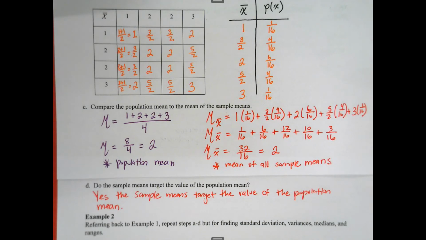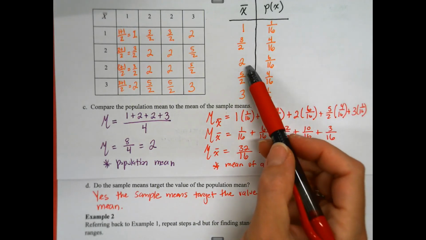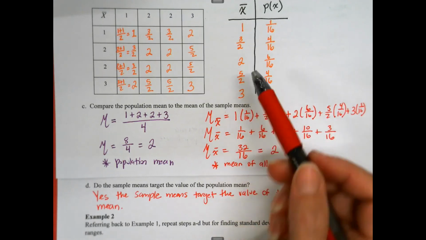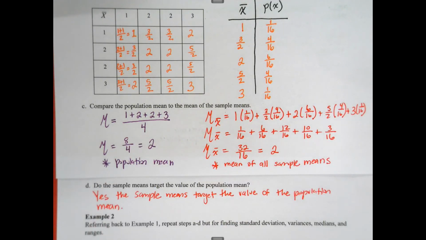In this example, we did get our population mean as some of our sample means. However, in some examples and in some situations, none of your sample means would be the same as your population mean. However, once we average all of those sample means, we would end up with the population mean.